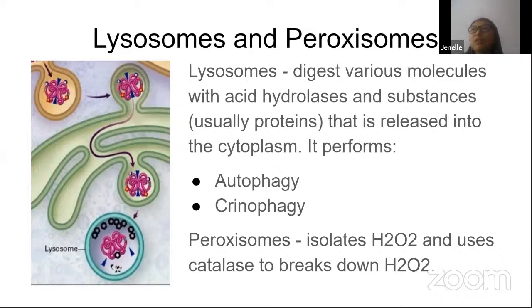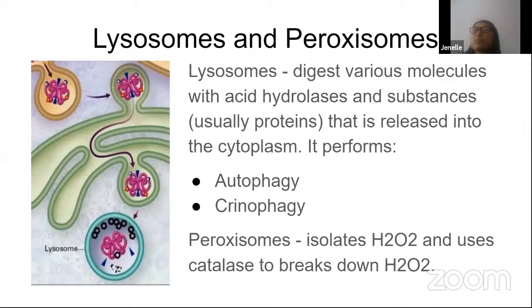And the other organelle that I wanted to talk about is the peroxisomes. Their main function is to isolate hydrogen peroxide and use catalase, a specific enzyme, to break down hydrogen peroxide into something less damaging to the cell.